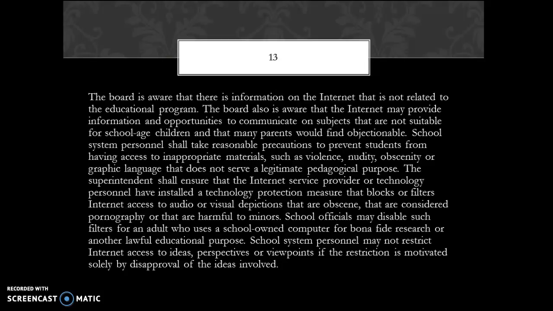School officials may disable such filters for an adult who uses a school-owned computer for bona fide research or another lawful educational purpose. School system personnel may not restrict Internet access to ideas, perspectives, or viewpoints if the restriction is motivated solely by disapproval of the ideas involved.